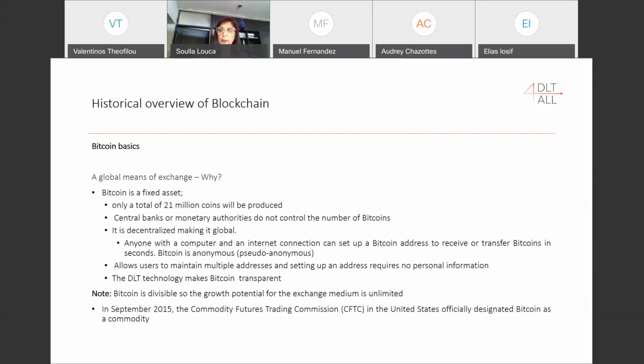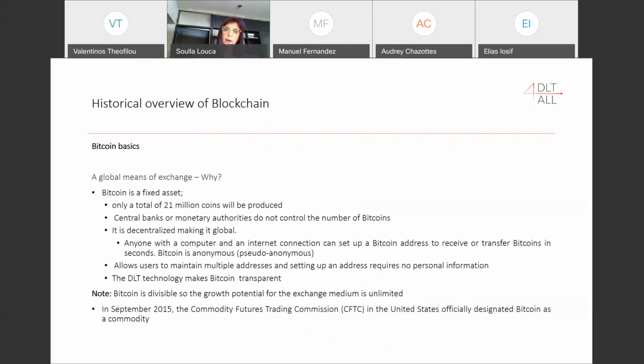It is the DLT, the decentralized technology that makes it transparent, and it allows users to maintain multiple addresses, and setting up an address actually requires no personal information.